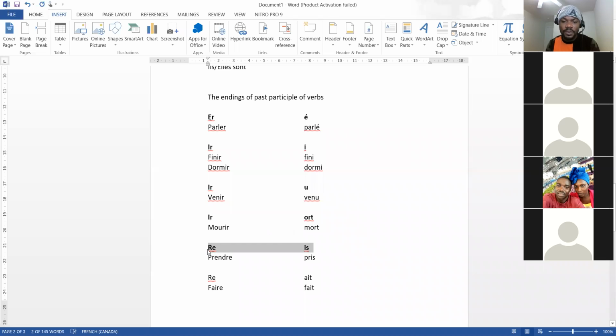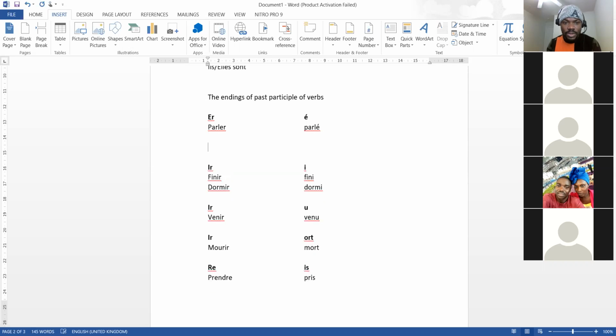Once you get the verb and you look at the verb, the ending, you should be able to know what past participle you are going to use. So there's another verb that is also special, naître, to be born. The past participle is né, just like first group verbs.